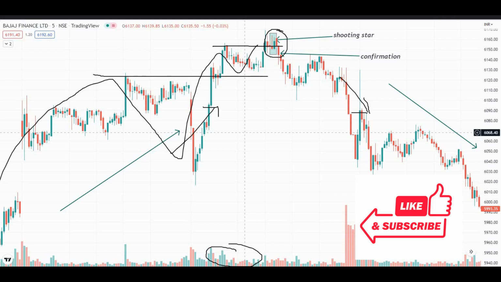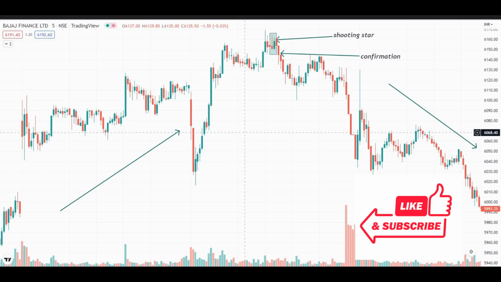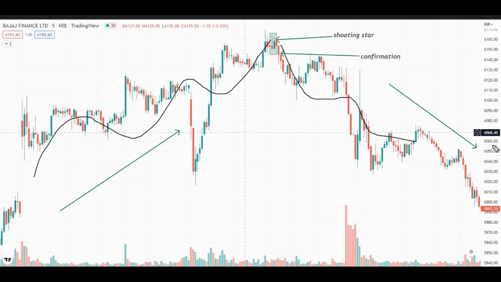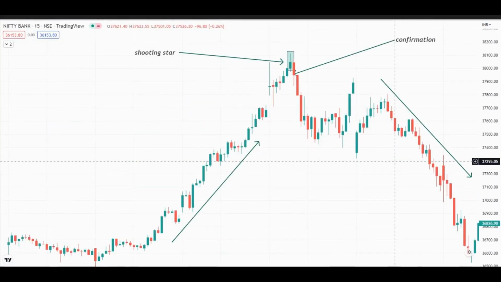See how beautifully this works. Okay, so now let's look at another example. See, a beautiful uptrend, a very strong uptrend, shooting star, confirmation, trend changes. See how beautifully it works.